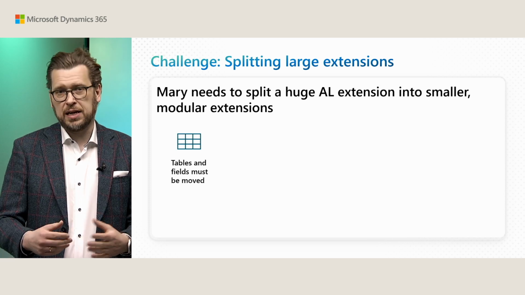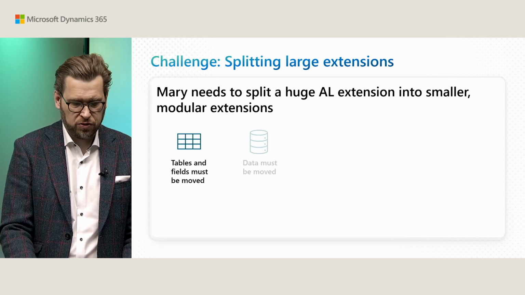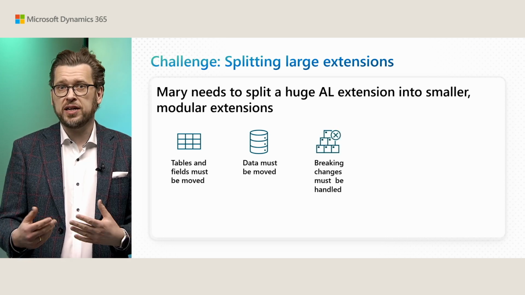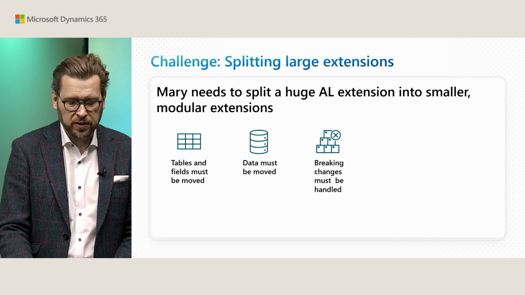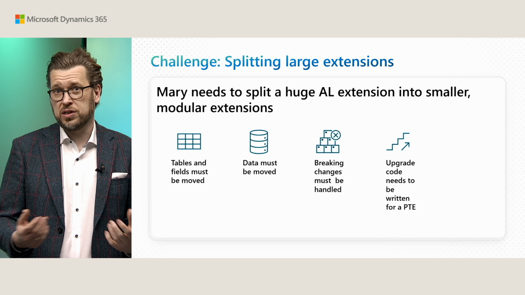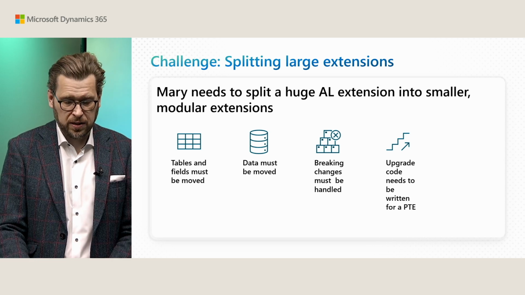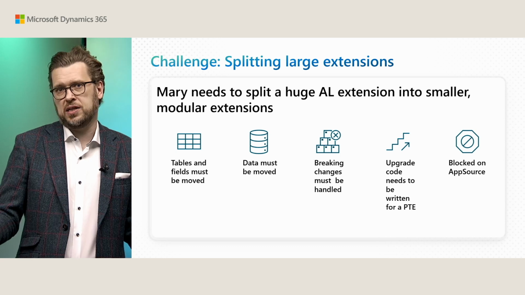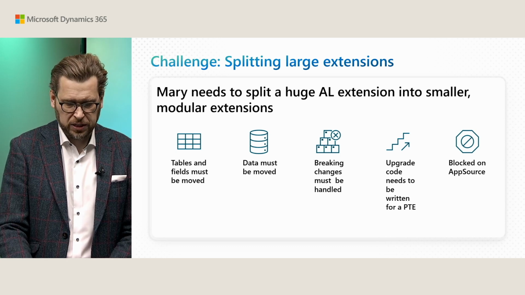First of all, tables and fields must be moved. Data must also be moved. The breaking changes that follow from moving the tables and fields must be handled. Upgrade code needs to be written in the case of a per-tenant extension. And up until now, this whole procedure has been blocked for AppSource apps.